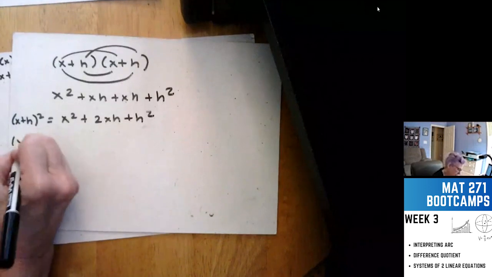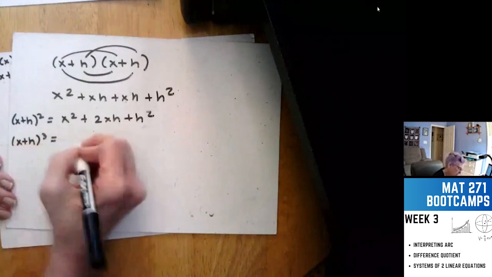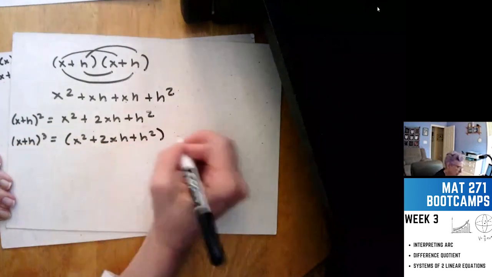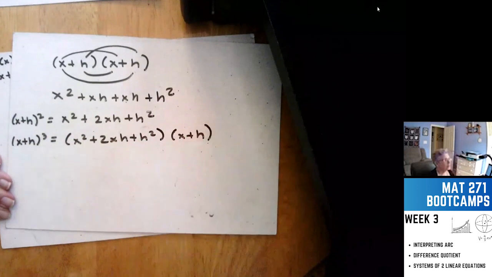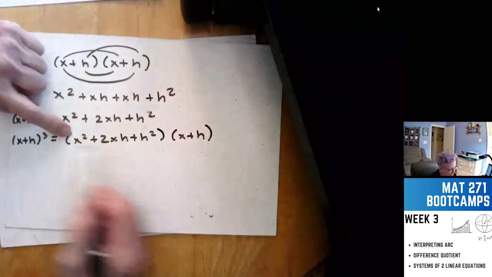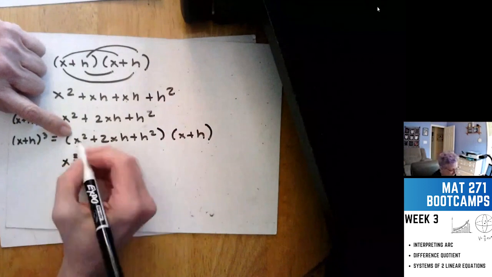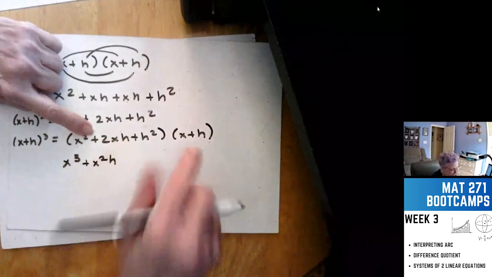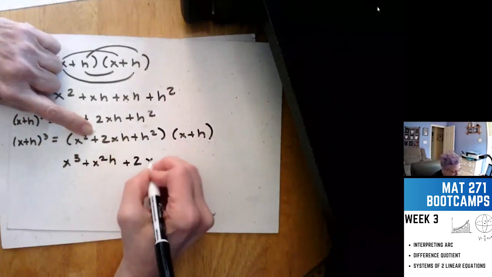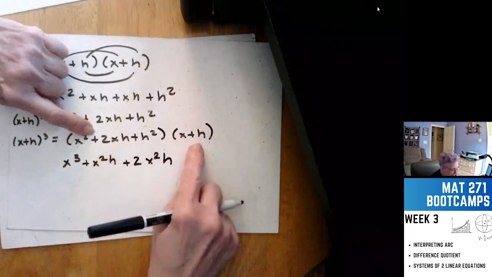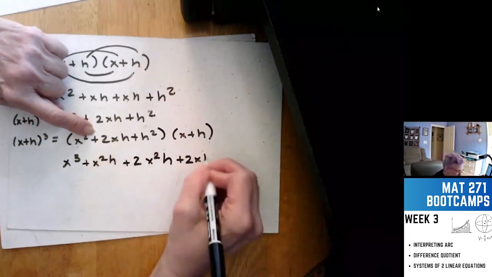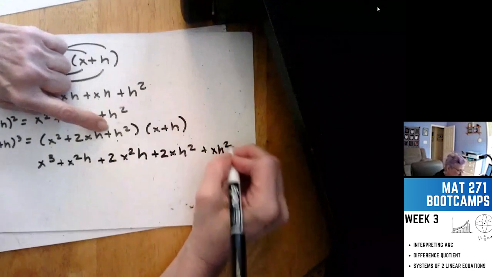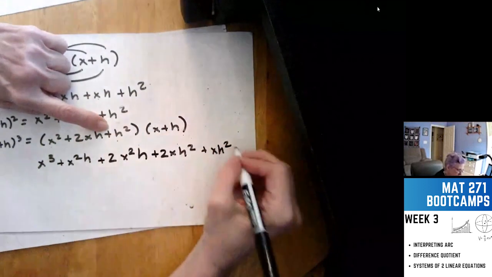So if I need (x plus h) cubed, I can just take this and multiply it by x plus h. So x squared times x, x squared times h, 2xh times x, 2xh times h, h squared times x, and h squared times h.